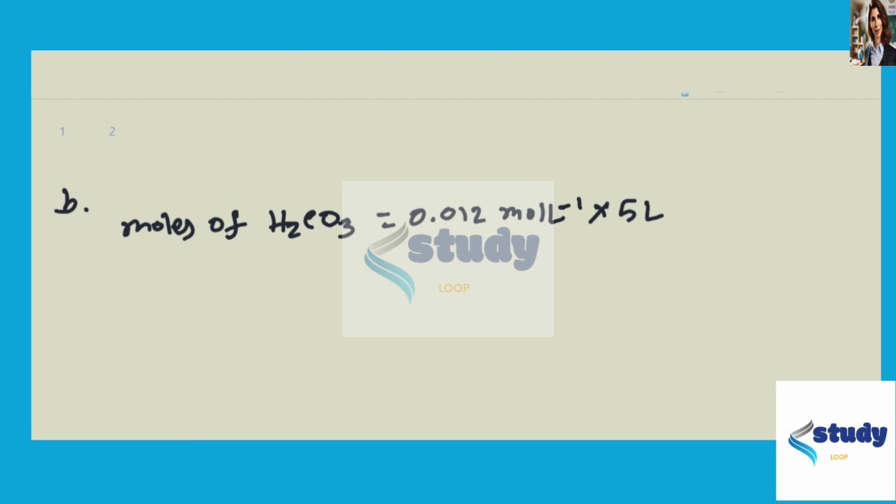So our initial number of moles of our acid, H2CO3, is simply the concentration, 0.0012 M, where M means mole per liter, times the volume, which is 5 liters. If we cancel the liters and multiply these two, the number of moles will be 0.006.